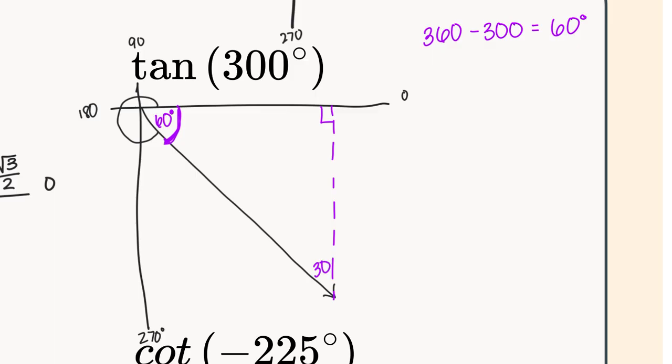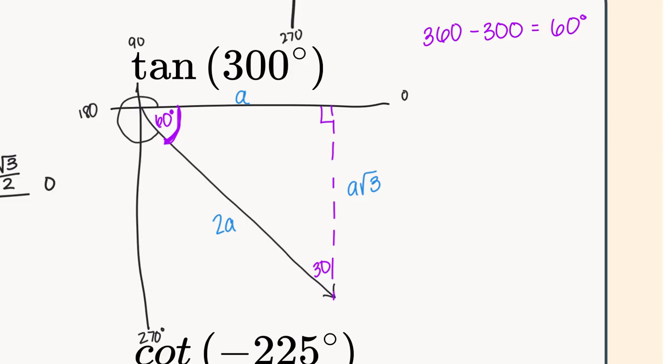Because I have a 30, 60, 90 triangle, I'm trying to solve for tan 300. I'm going to label my sides. Opposite of 30 is A. Opposite of 60 is A times the square root of 3. And opposite of 90 is 2A. Make sure you guys remember those rules.